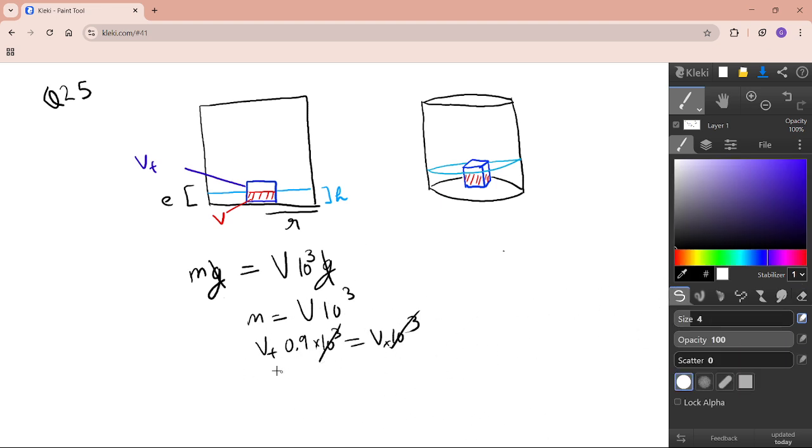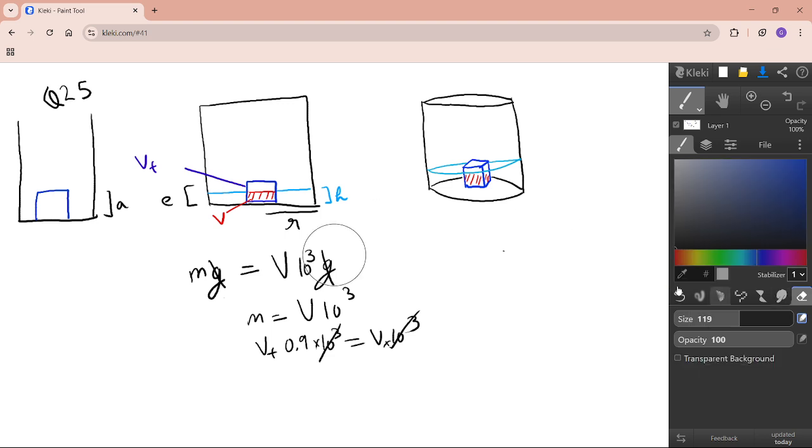It's equal to the base times height. Originally the length was a.